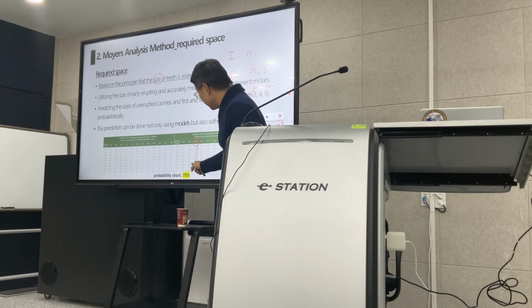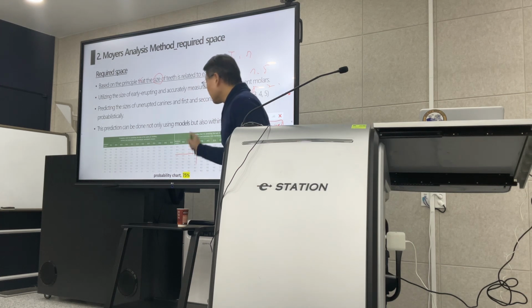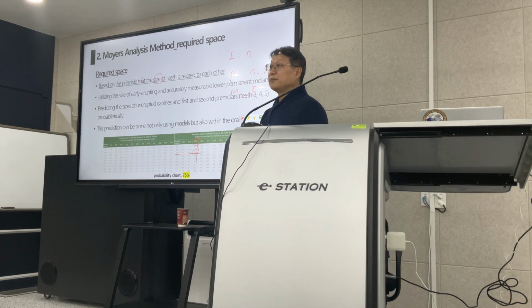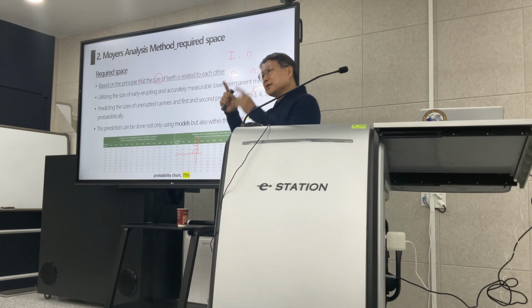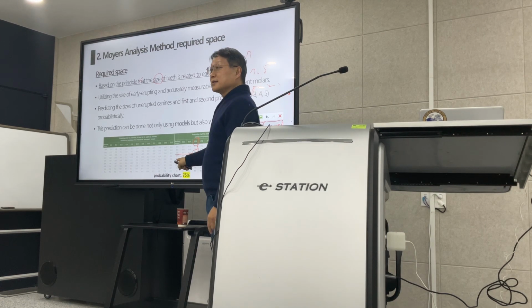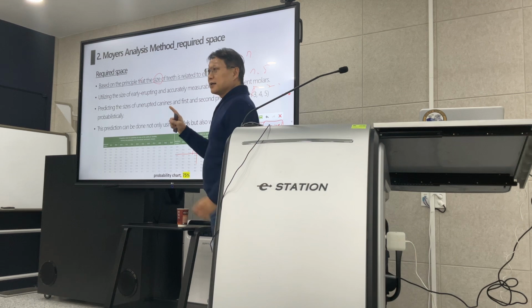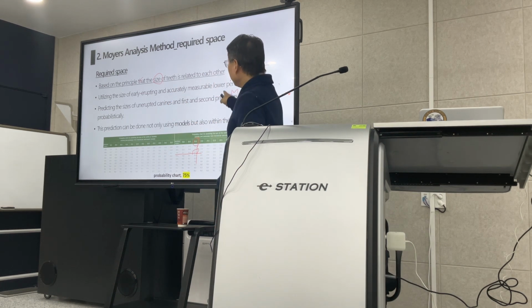Then you find here the 75% probability, that means the permanent teeth will be 20.7. This kind of concept is Moyers' analysis. Very easy. Just knowing the width of the four anterior teeth, you can estimate the permanent premolars, C, D, E, 5, 4, 5, 6. You can imagine.